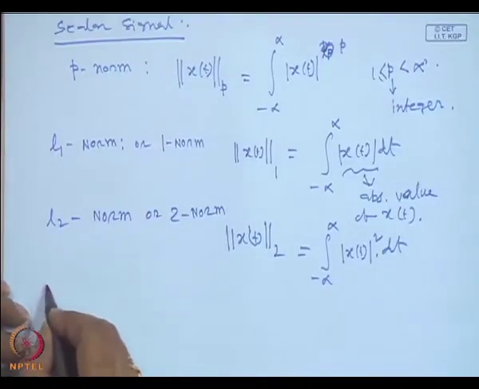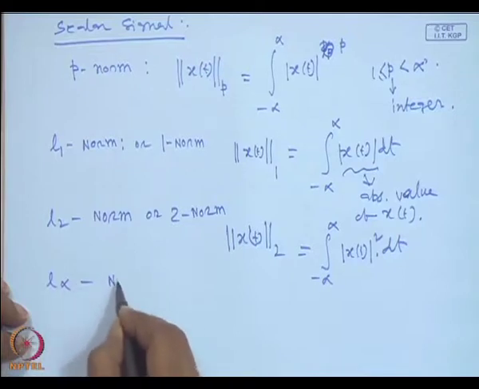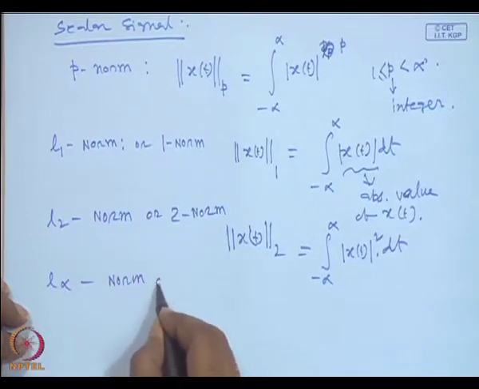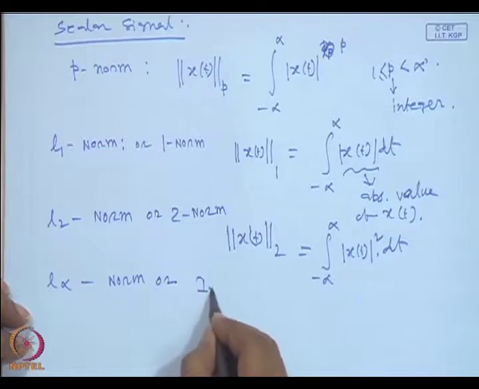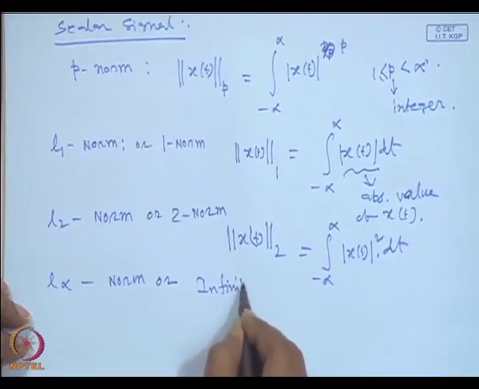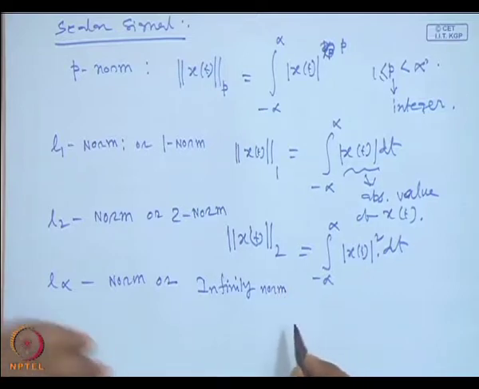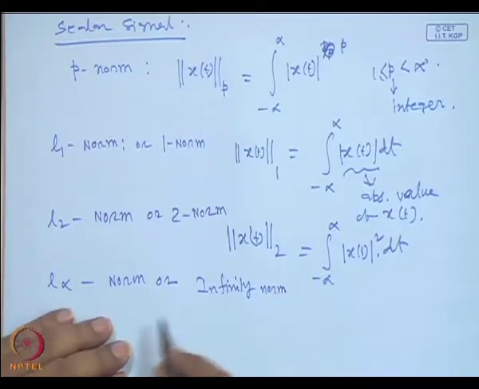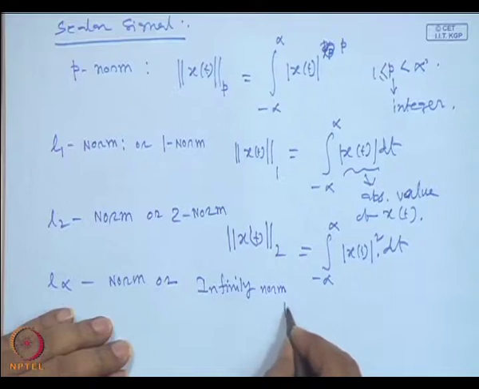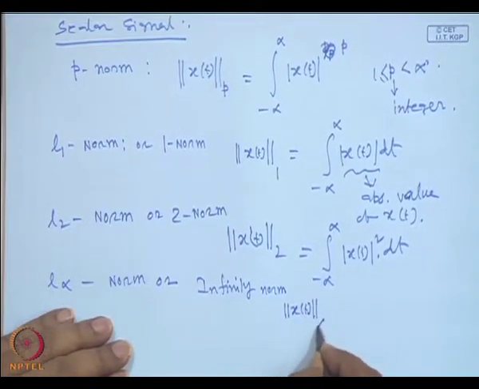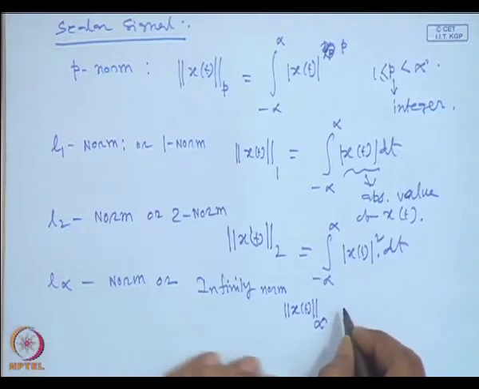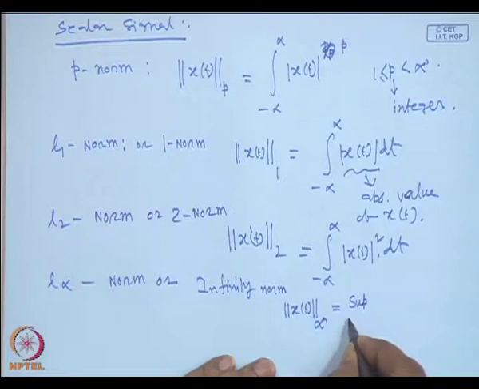And next is the L infinity norm, or simply called the infinity norm. It is denoted by the norm of x of t with subscript infinity, and it is defined as the supremum over t of the absolute value of x of t.